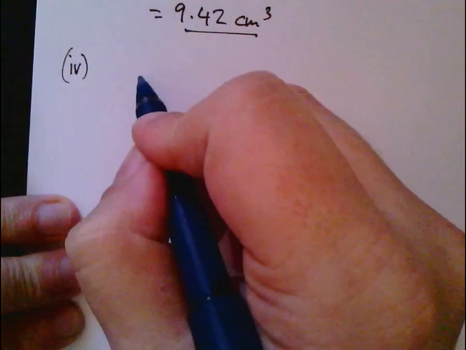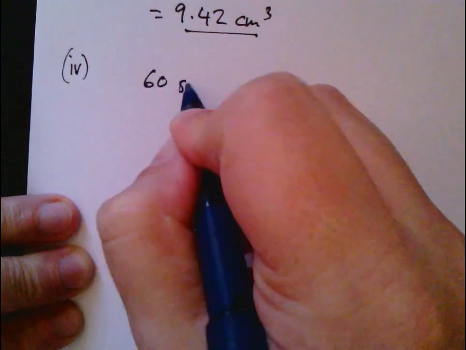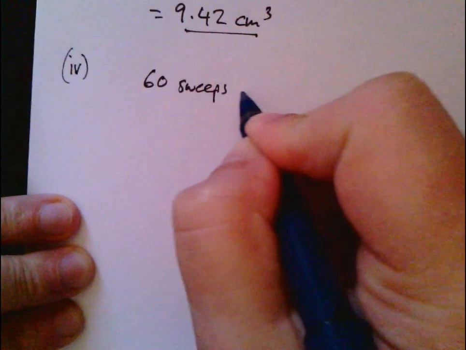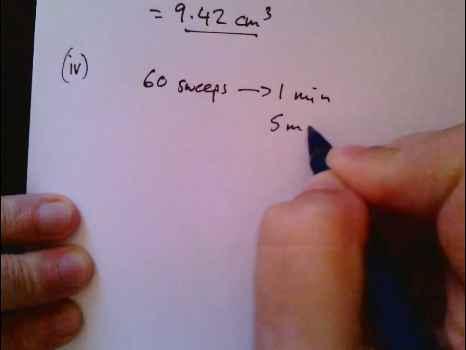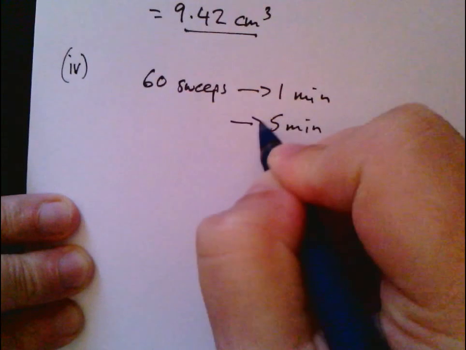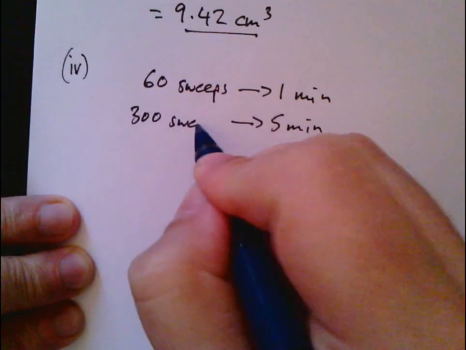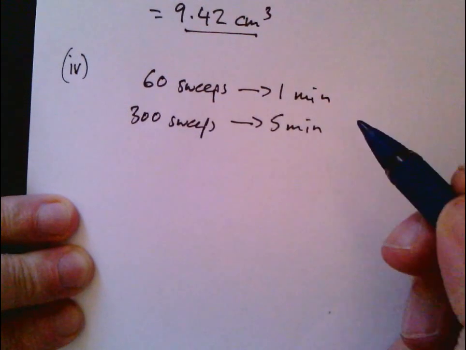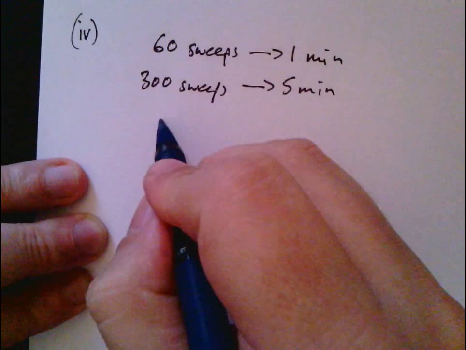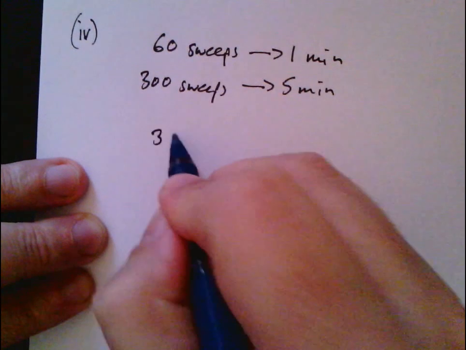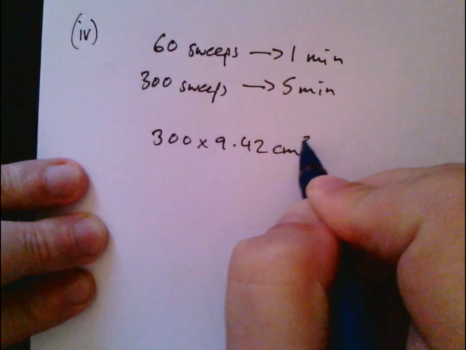Okay, so we've got 60 sweeps in 1 minute, so it means in 5 minutes there's going to be 5 lots of that, which is 300 sweeps. And we know that it's going to be 300 times that, which is 300 times 9.42 centimeters cubed.